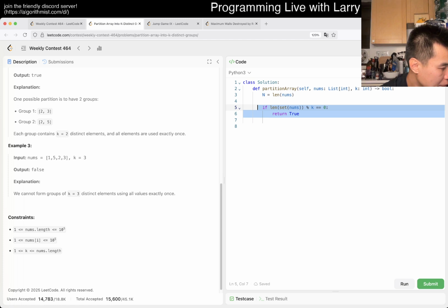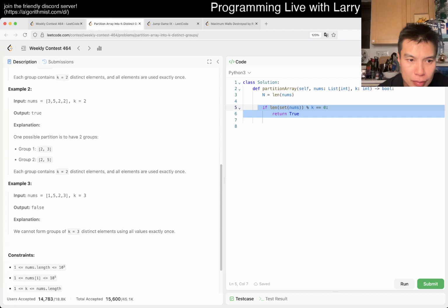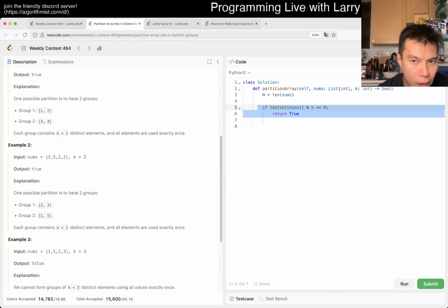Do you try for the number of groups? Binary search on the number of groups, maybe? How would that work?